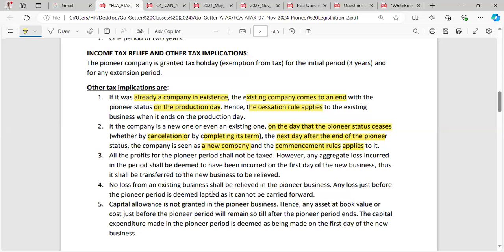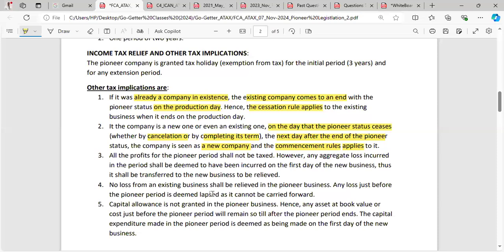That means technically, the day before the production day is your cessation date. So that means the company ceases business on that date. And the next day, which is the production date, the company commences pioneer status. And so the company is into pioneer.